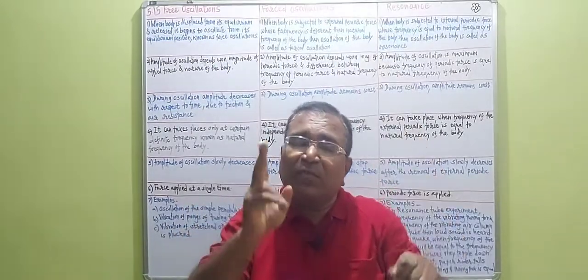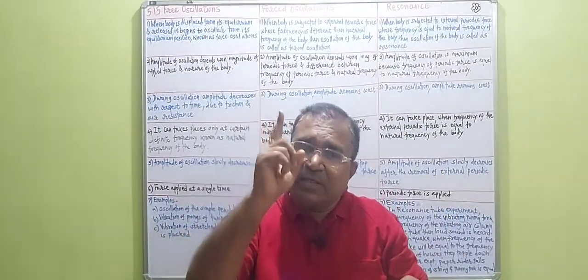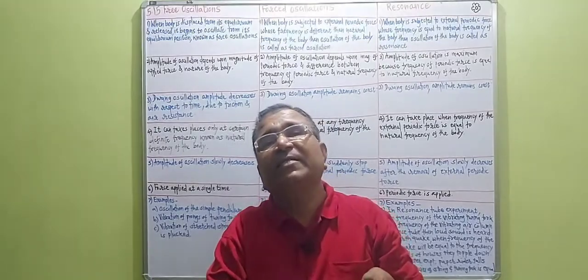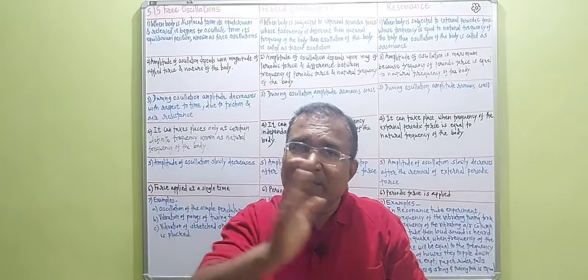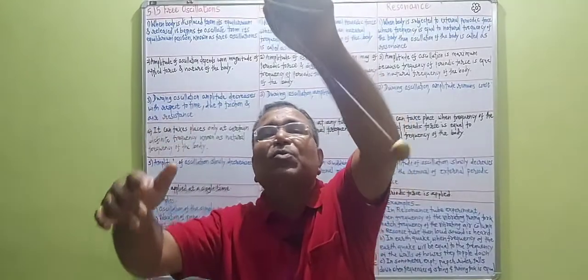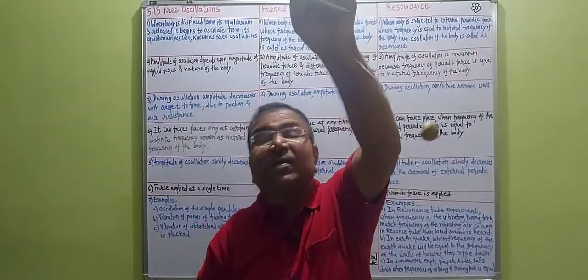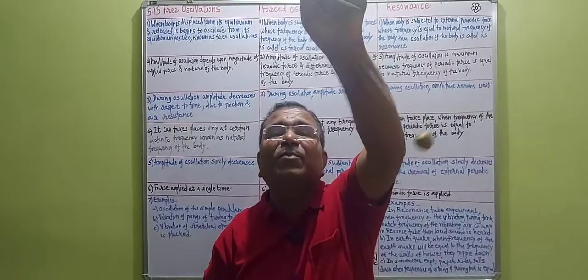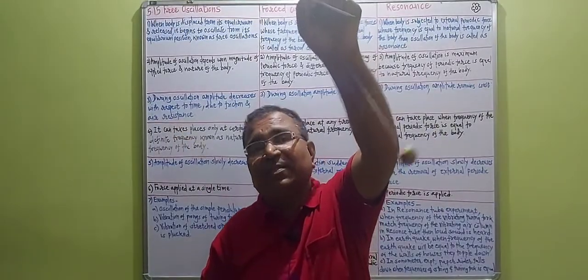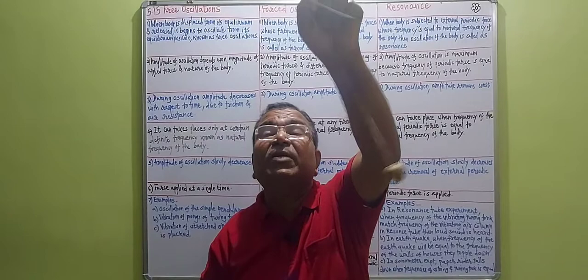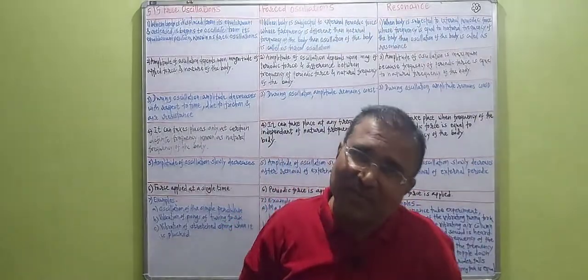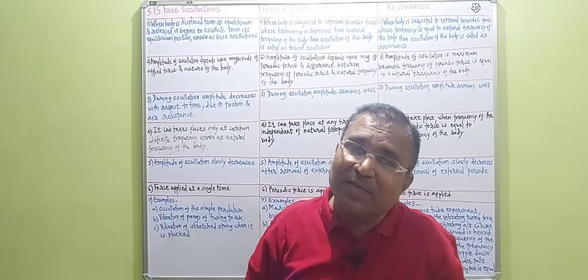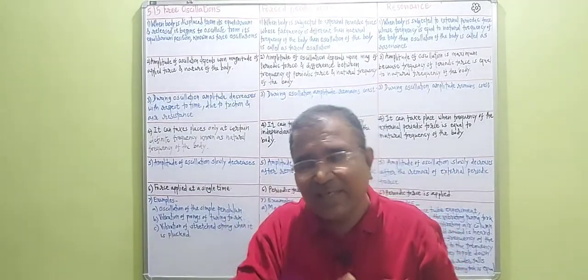So these are the two factors: friction between rigid support and string, and the second one, air resistance. Because of that, amplitude slowly decreases. So damped oscillation is a type of free oscillation, and it oscillates with a particular certain frequency. We call it natural frequency, and force is applied at a single time.